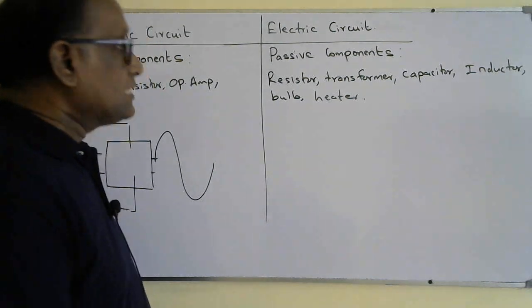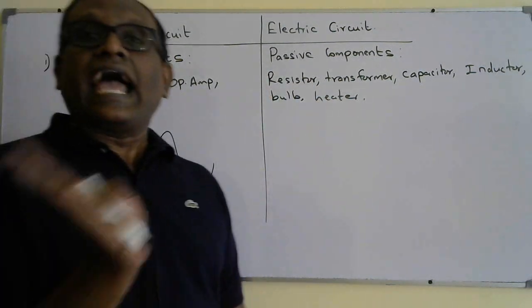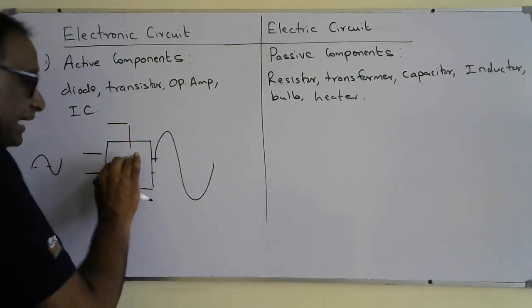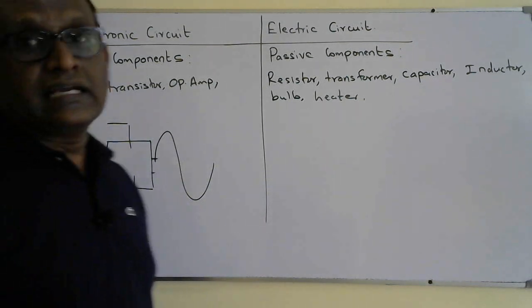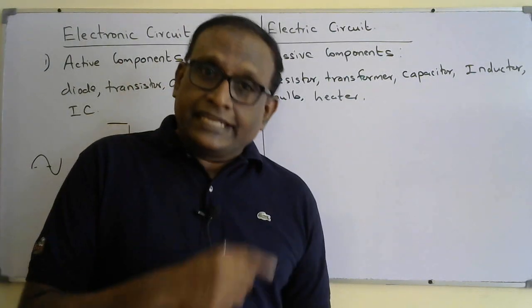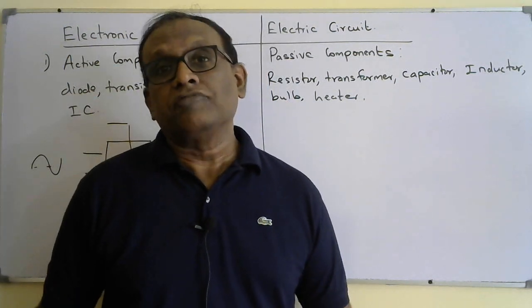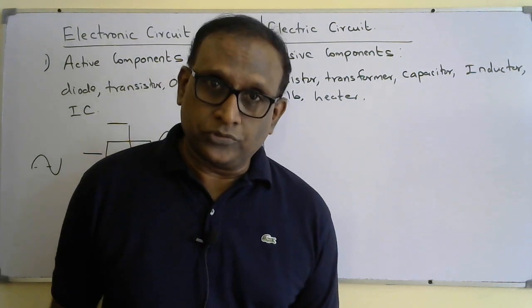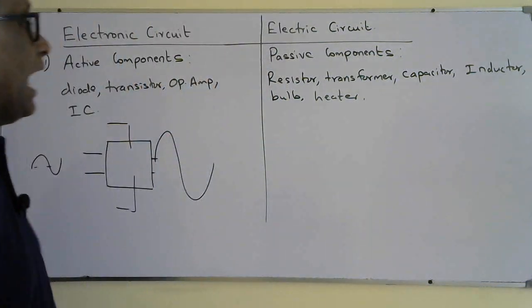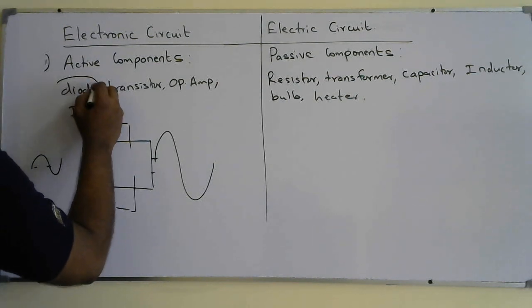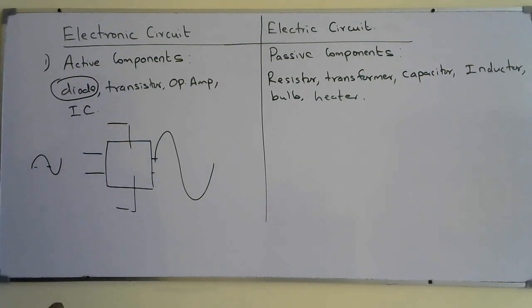Passive components don't need any additional electrical energy, but for active components we need to make a circuit to supply additional electrical energy for their function. That's the difference between active and passive components. But a diode, you might ask, can it function as a passive component? Yes.